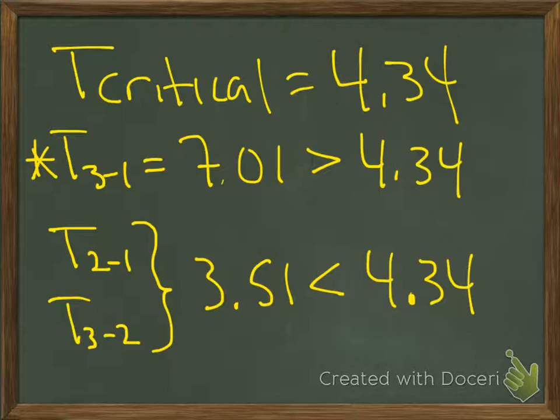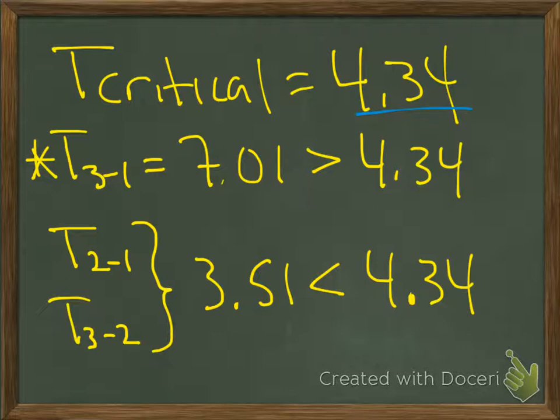So 3 groups being compared, 6 degrees of freedom error. We find the critical Tukey value right here, of 4.34, and that is for an alpha level of 0.05.